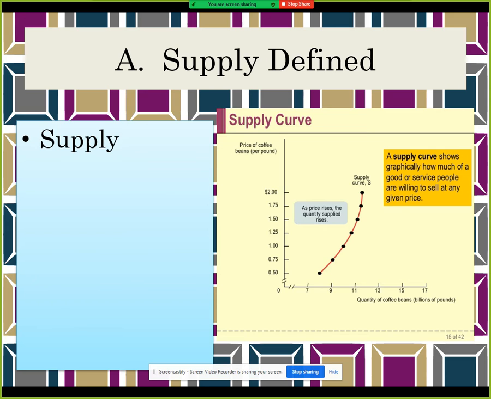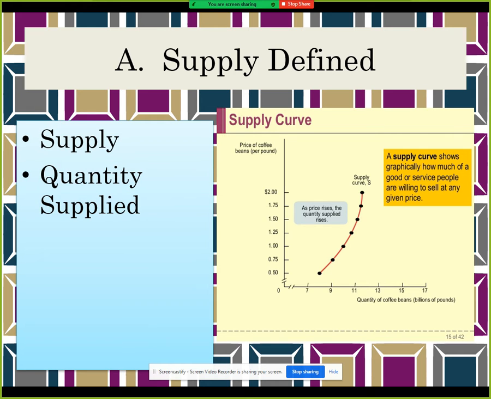That's telling us how much of a good or service that producers, those that make the good, the sellers, are willing to supply at certain prices. So if the price of something is $1, then producers are willing to provide 500 units, and so on. That is supply, essentially the opposite of demand.